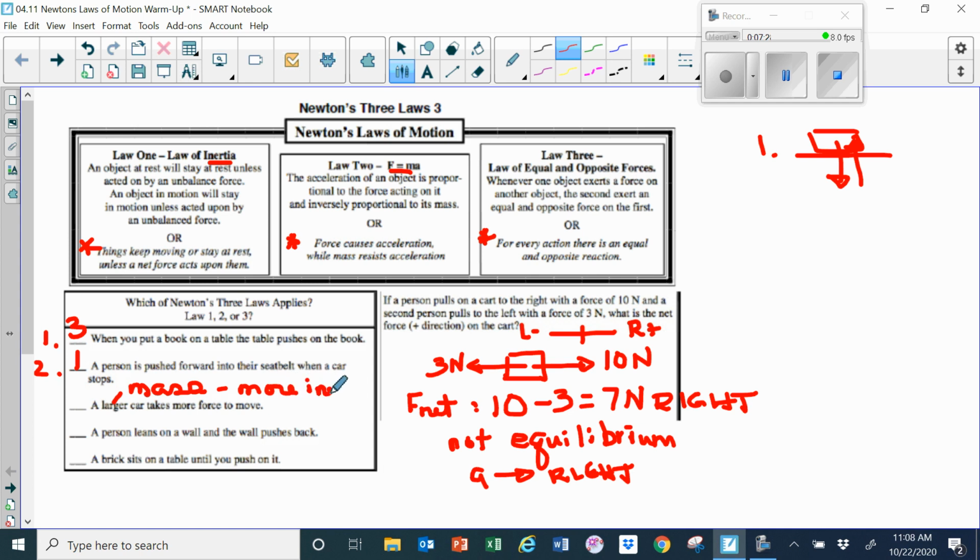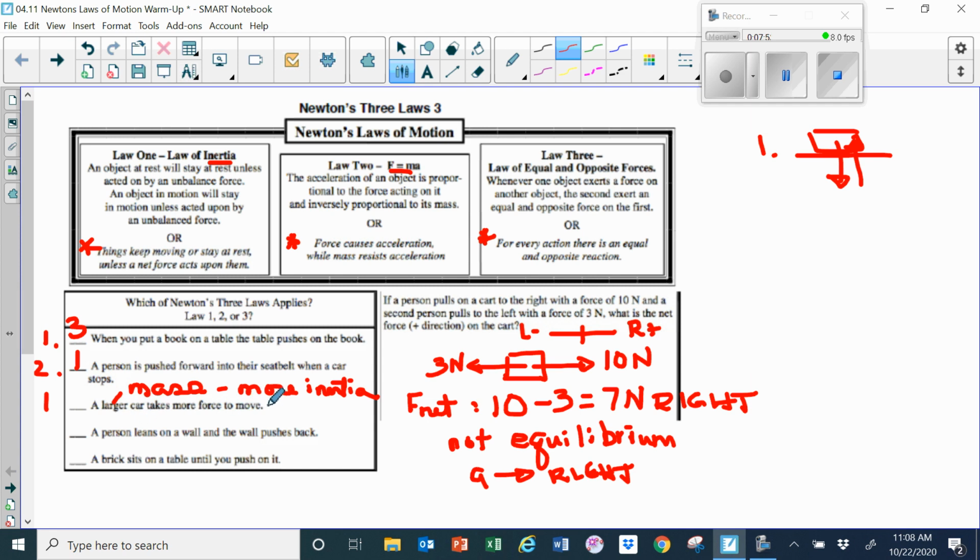So if it's at rest and you want to move it, it's going to take more force to get that to move, because it has a lot of inertia because of its large mass. So I think one example there that could be used is number 1.